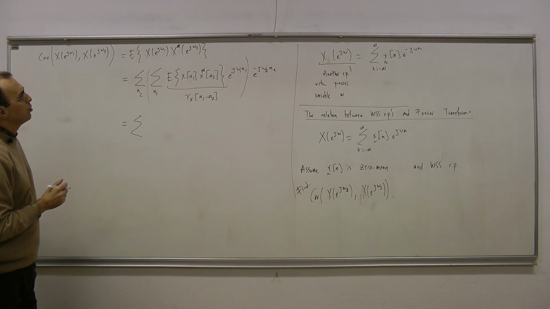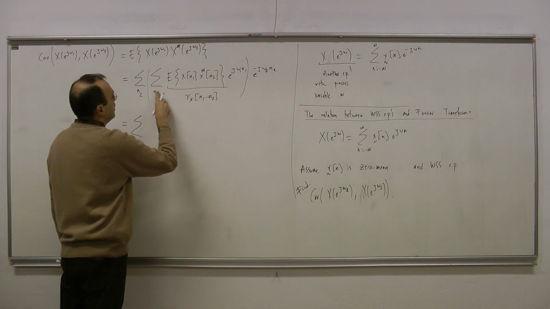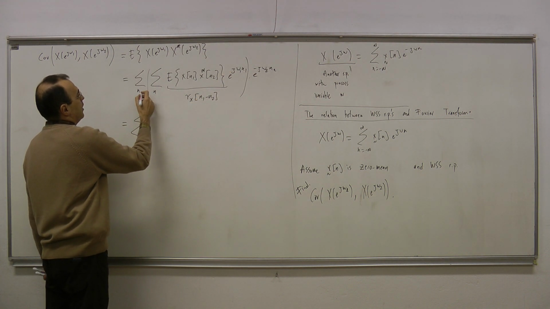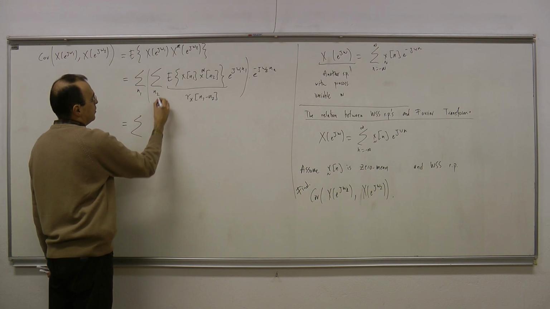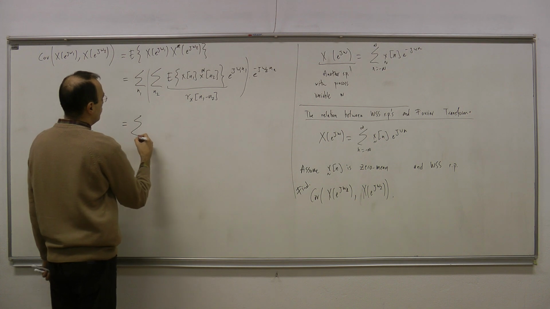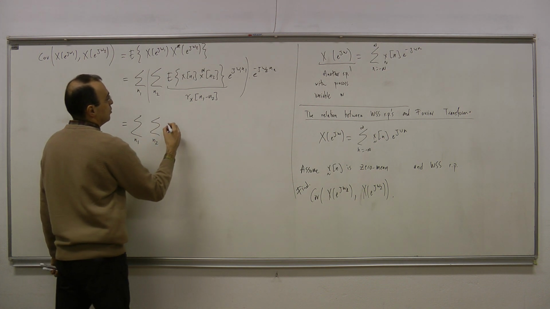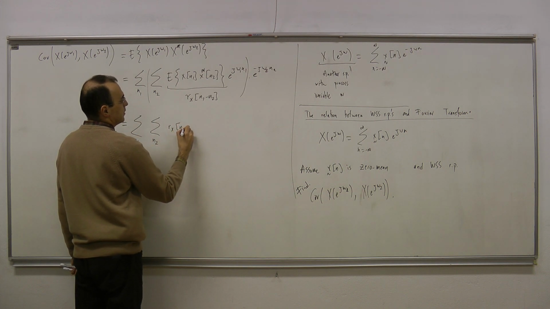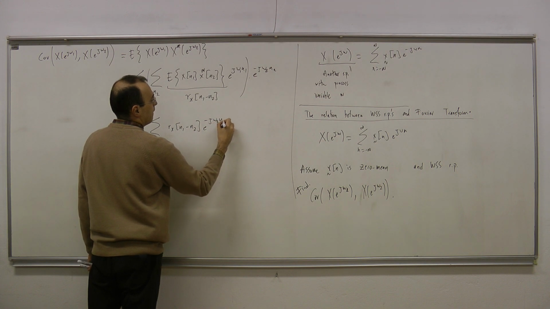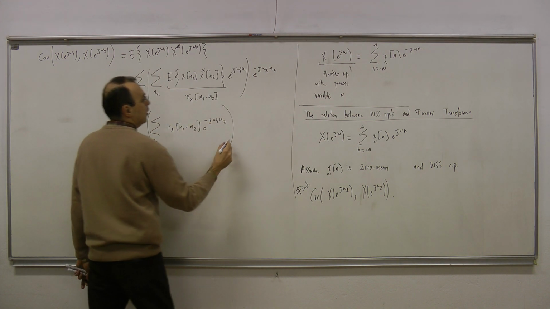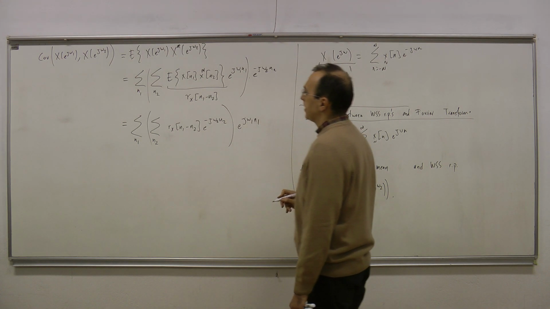But I have changed my mind, sorry, because of this minus sign. Let me write this one more time, n1, n2. I want to do it for n2 first then. So this is the sum over n1, n2 of Rx of n1 minus n2, e to the minus j, because I want to use the simplest relations that we know.